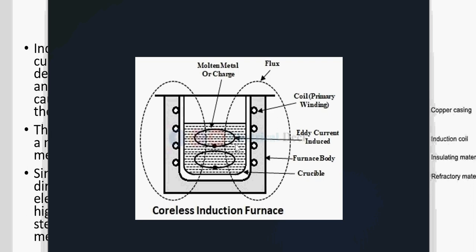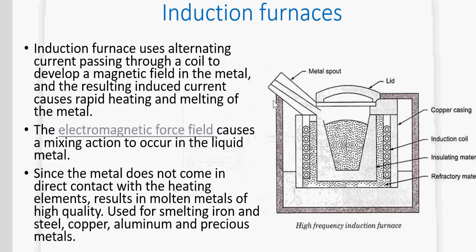You can see the current and the electromagnetic field causes the what? The mixing of the ingredients together. I hope you can see. This is the current, eddy current moving, and then this is the electromagnetic flux. Are we together, please?